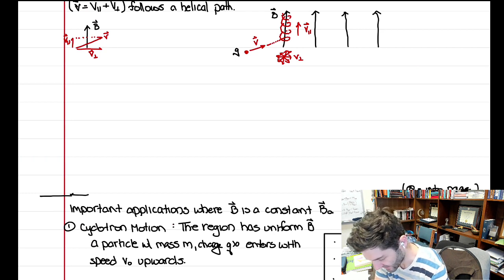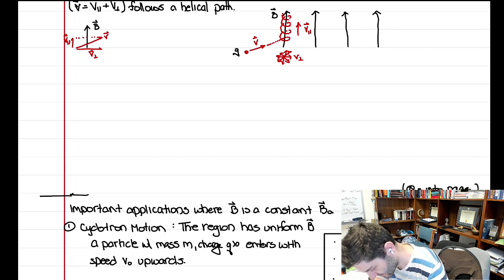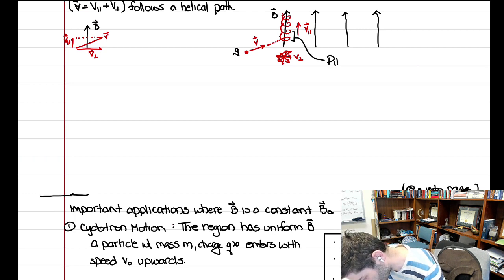And if you want to be super quantitative about this, there's this thing called the pitch. So if I look at, say, from here to here, that's when the charge completes one loop, right? The pitch P is the distance.